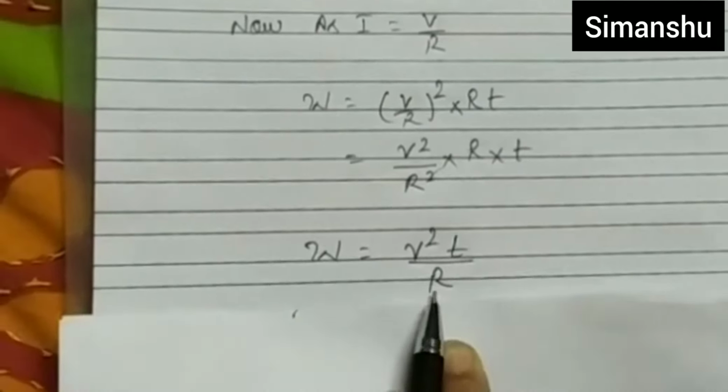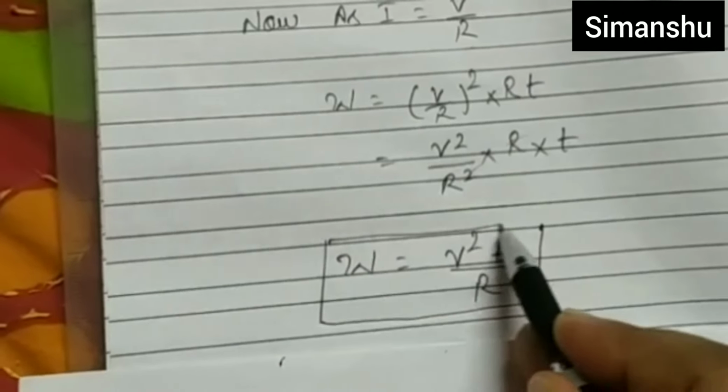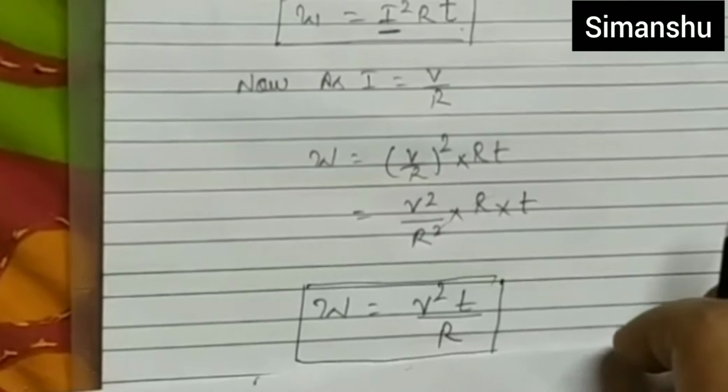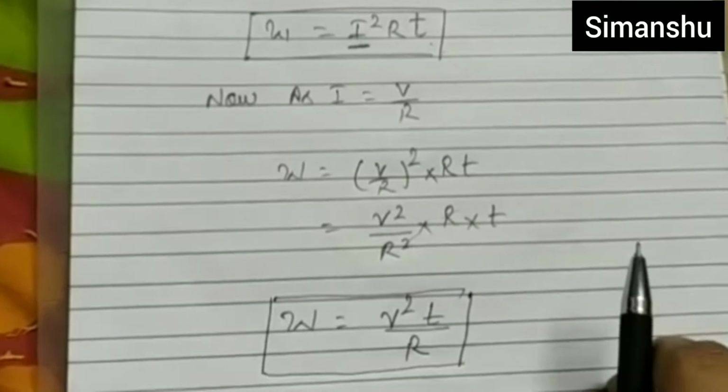What we will get from here is V square T upon R. So here is another expression to calculate electrical energy. Okay, I think it is easy, you can do it easily.